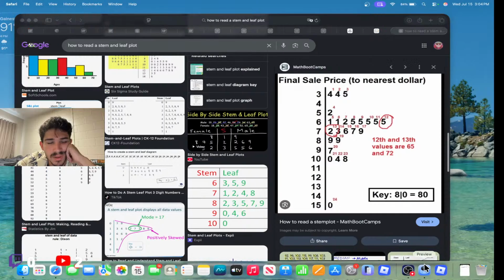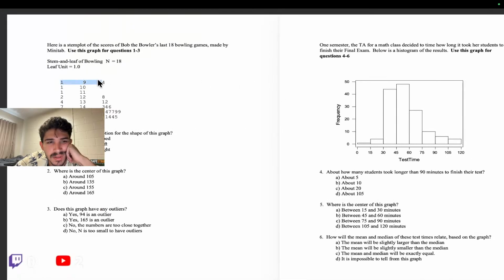I don't even know what I'm looking at. It's 19, 14, n equals 18.